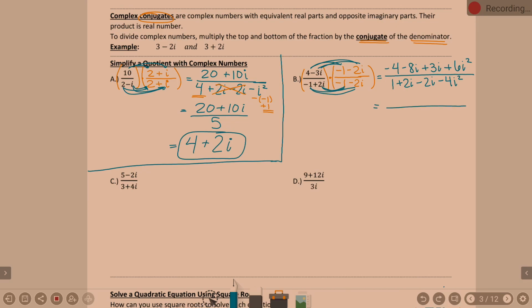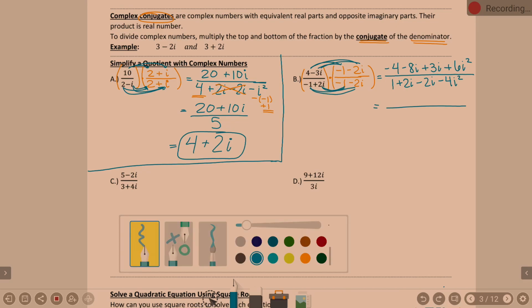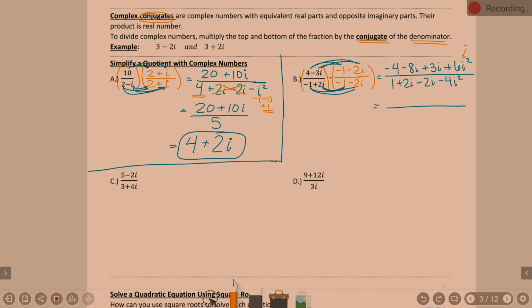Okay, now our job is some cleanup here. I'll write out whatever steps we need, but let's start with, what do we know about i squareds? If you recall from yesterday, i squareds are equivalent to -1s. So this i squared becomes -1.